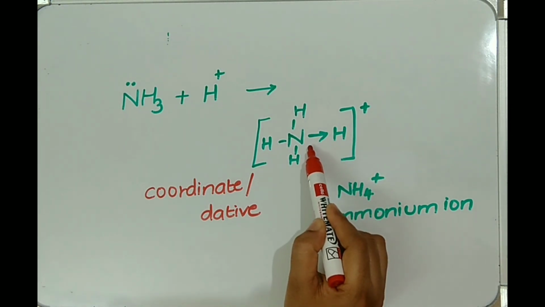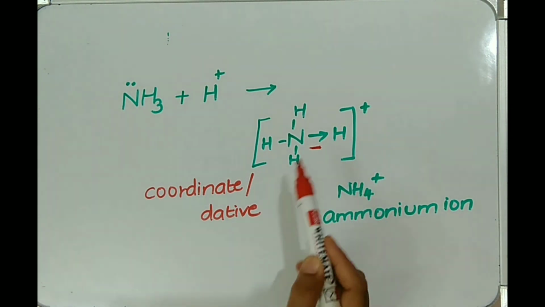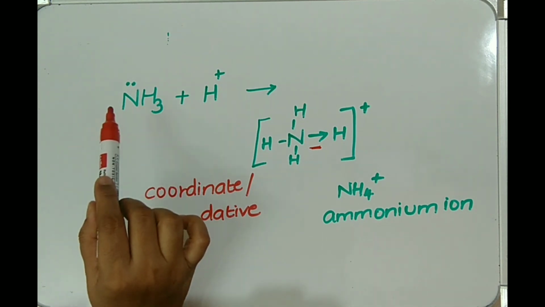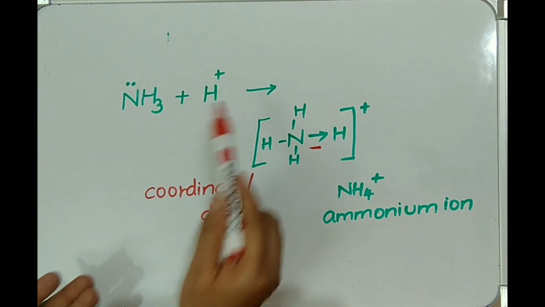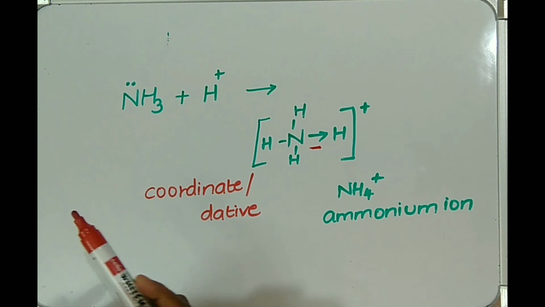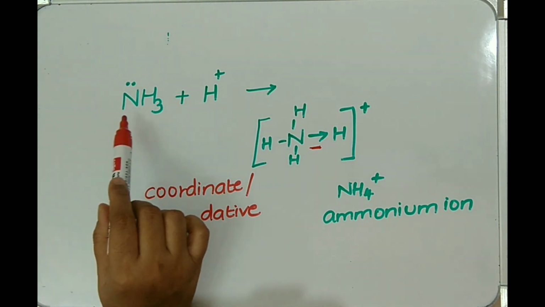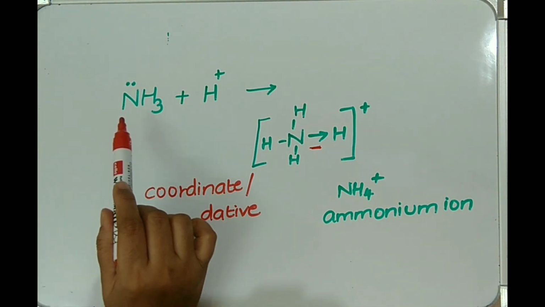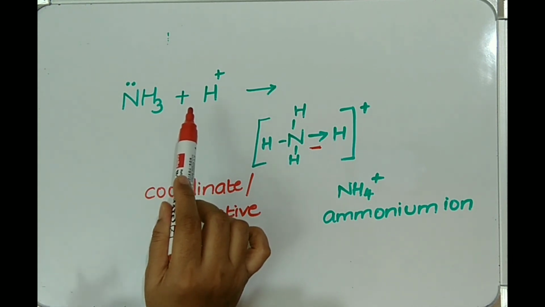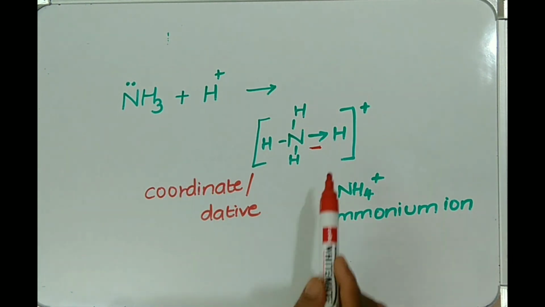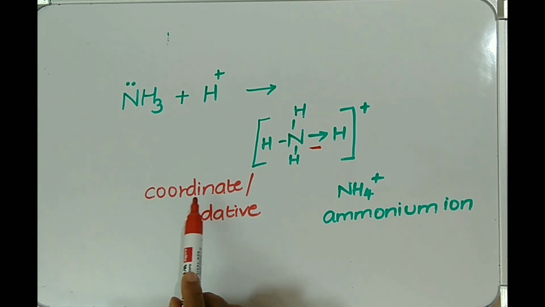Here the bond I have drawn in the arrow form because nitrogen alone is giving off the electrons and forming the bond. So nitrogen is called the electron donor, H plus is called the electron acceptor, and such a bond is called a coordinate bond or dative bond.